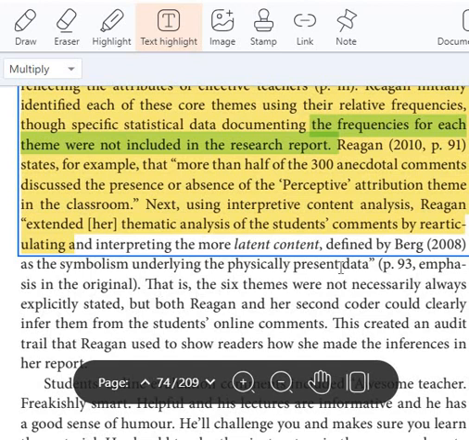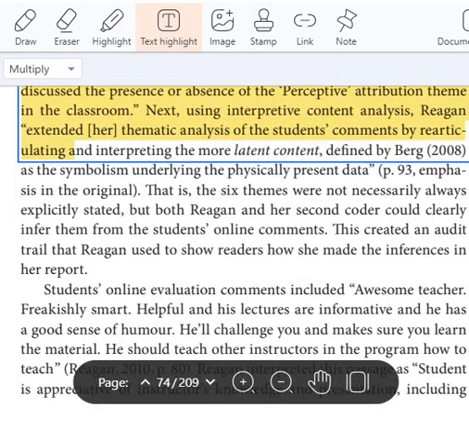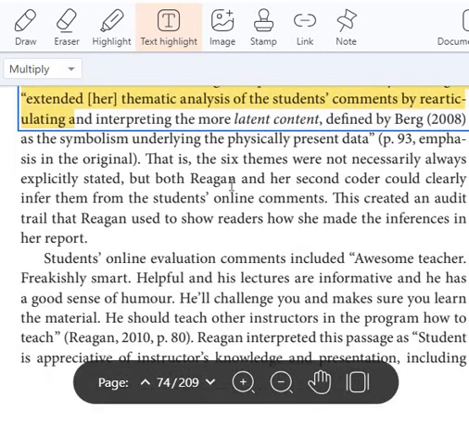This is the definition of the latent content. Okay, what happened later on? The 6 themes were not necessarily always explicitly stated, but both Reagan and her second coder could clearly infer them from the students' online comments.